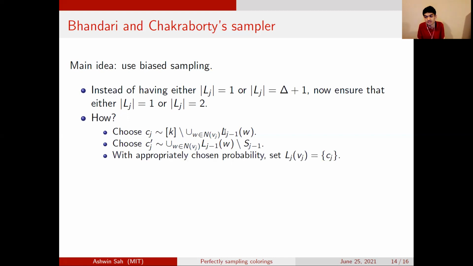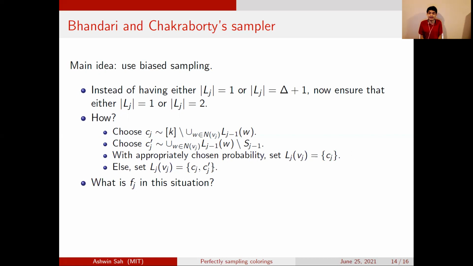With some appropriately chosen probability, they set the list to be size 1 and equal to this c_j. This c_j is always guaranteed to work, in terms of if I want to apply my function, I can always potentially just recolor to c_j. It'll never mess it up. c_j prime is a little iffy. It depends on what coloring I actually have. The idea is with some probability, we let the list be size 1. With some probability, we let the list be both of these colors.